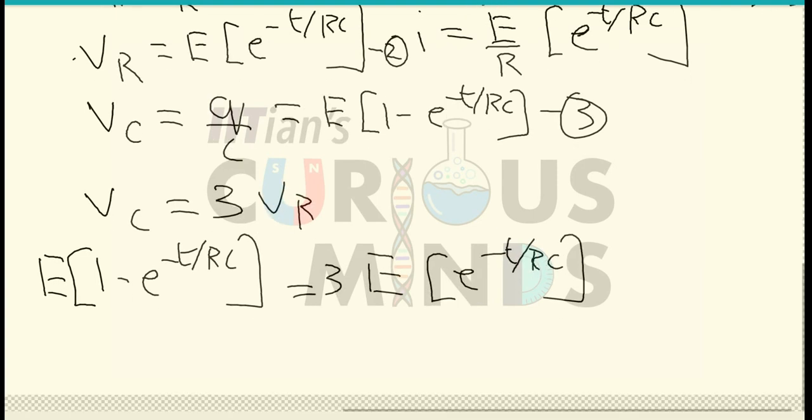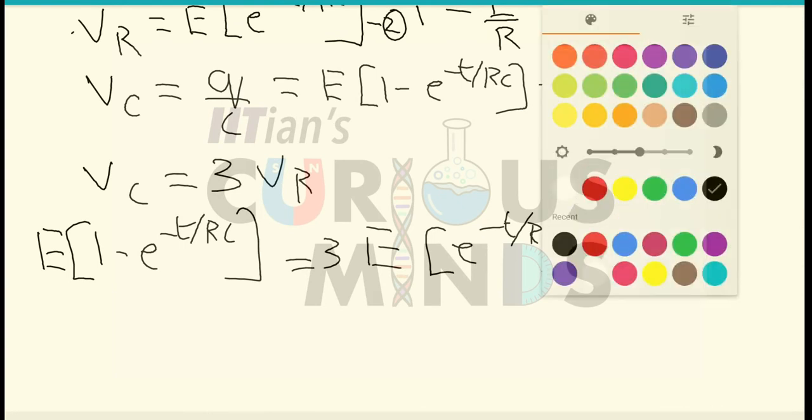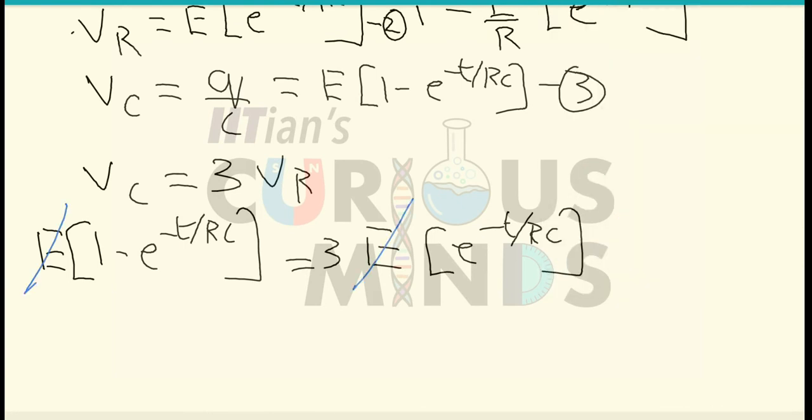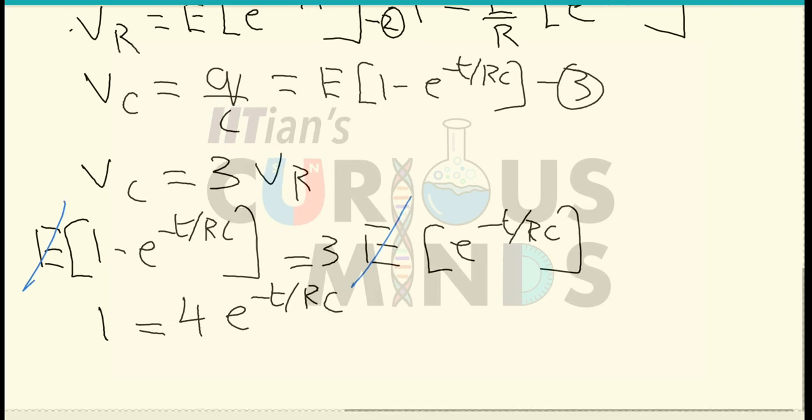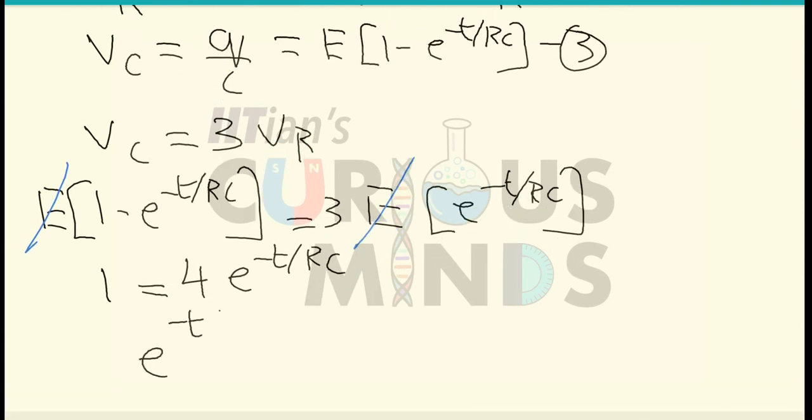So I can cancel out E and E. So 1 will be equal to 4 times e raised to minus t by RC, that is e raised to minus t by RC is equal to 1 by 4.